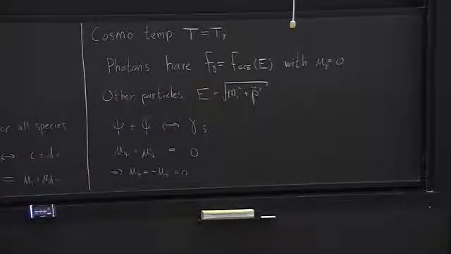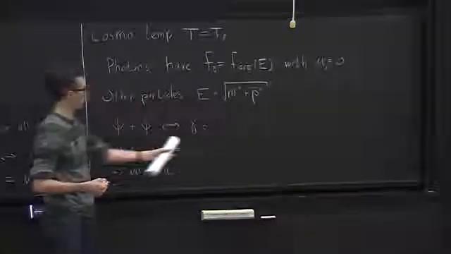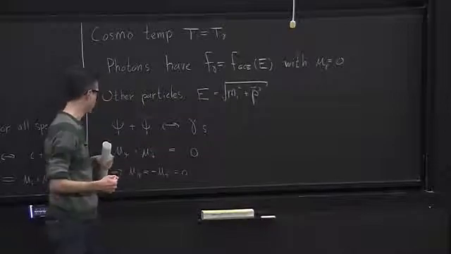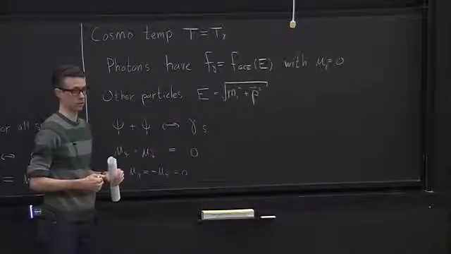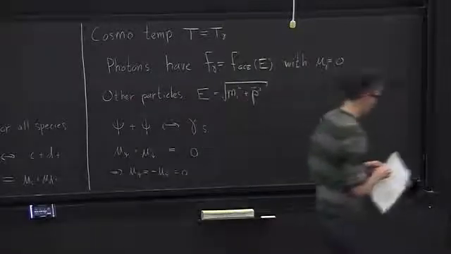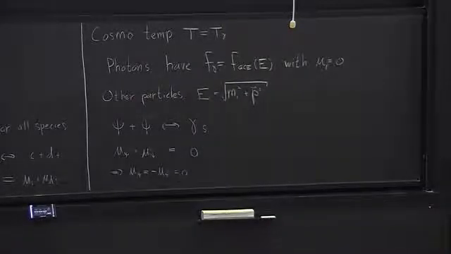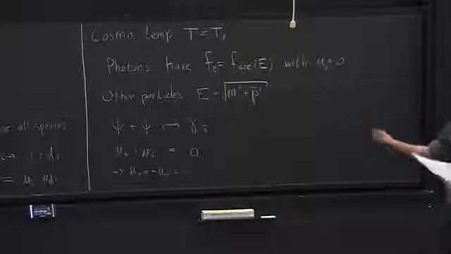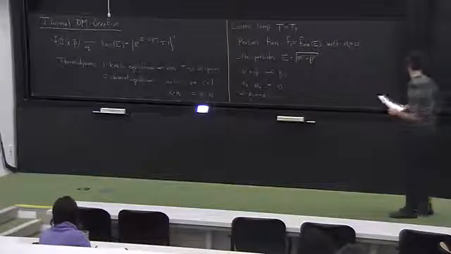So if I have a particle that is its own antiparticle, like a Majorana fermion or a real scalar, and it can annihilate efficiently into photons, that means that its chemical potential is exactly 0. And there's no asymmetry to talk about. Okay. So hopefully this is stuff you've all seen in your cosmology course, but I just wanted to emphasize it and remind you of it here.